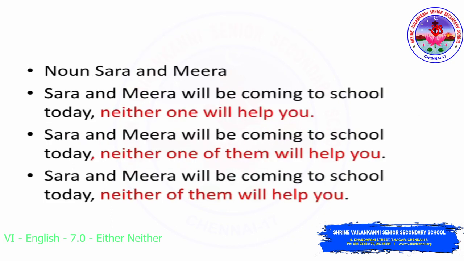The noun is Sarah and Meera. Sarah and Meera will be coming to school today. Neither one will help you, which is like both of them will not help you.